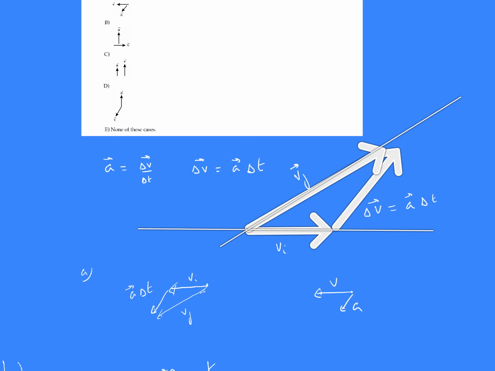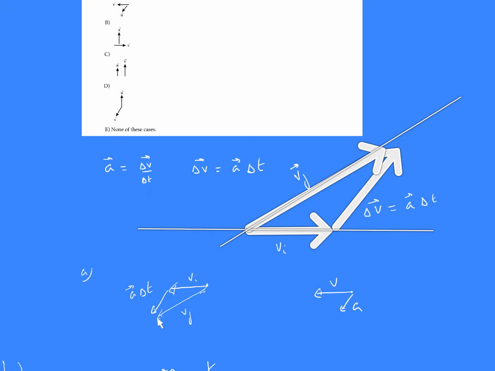So in the first case, the case A, v sub i is going in this direction. A times delta t is going in this direction. So if a times delta t is going in this direction, the final velocity will go in this direction.